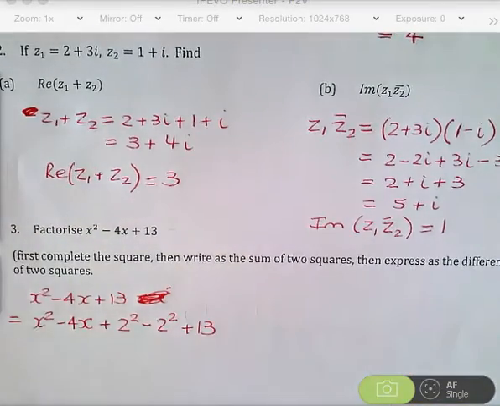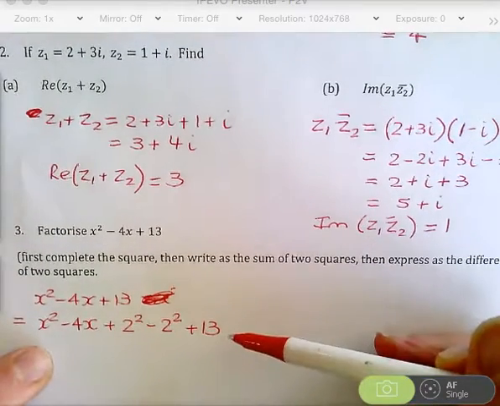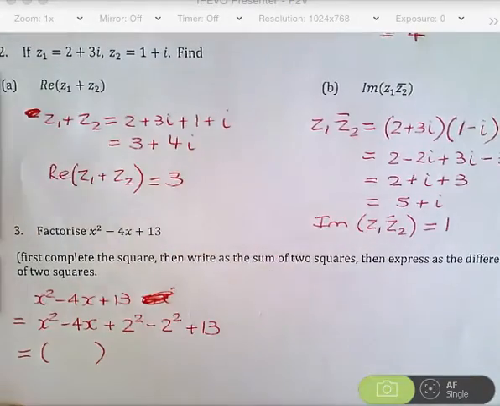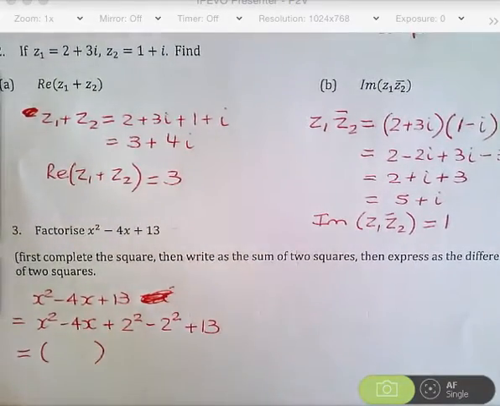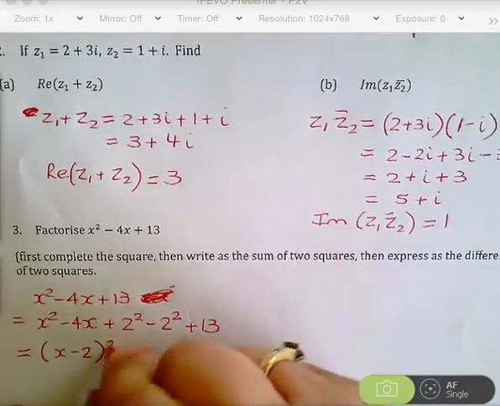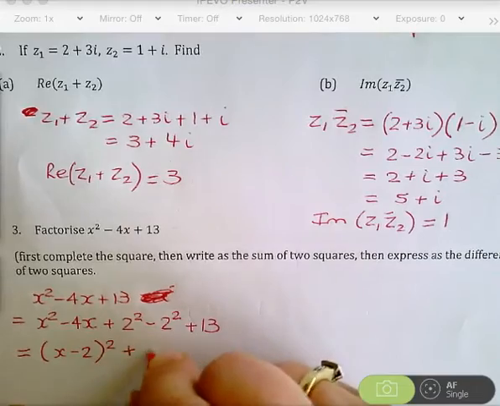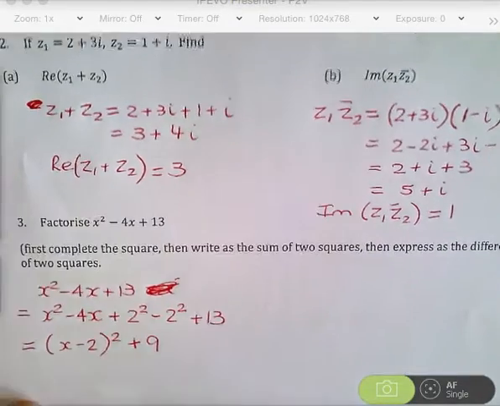I'm going to keep the 13 there, but isn't the first line identical to the second? So, I now want to complete the square with the first three terms. x minus 2 squared, what have I got here? Minus 4 plus 13 is what? Plus 9. So that equals that.